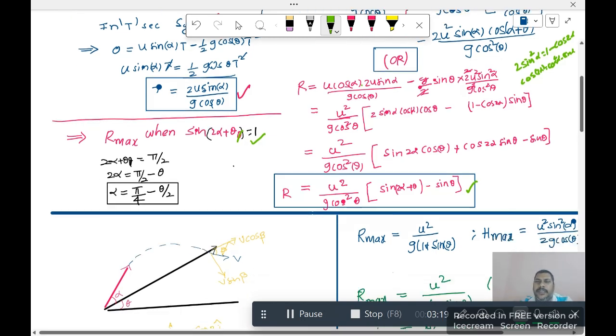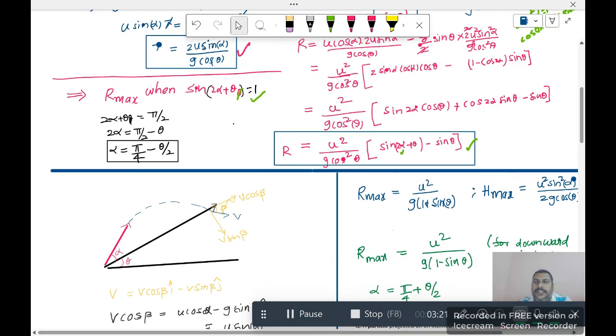So for maximum range, if you substitute this alpha value in this equation, you will get 2 into pi by 4, means 90, and minus theta plus theta get cancelled. Therefore sin 90 minus sin theta, sin 90 is 1, so 1 minus sin theta. Therefore r maximum is equal to u square by g into, here cos square theta I can write as 1 minus sin square theta, so that equals 1 minus sin theta into 1 plus sin theta.